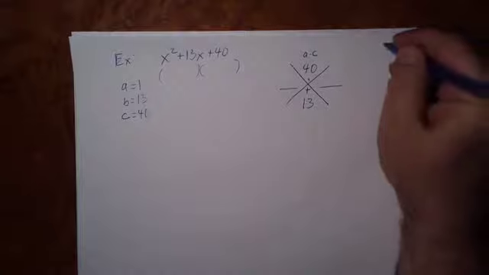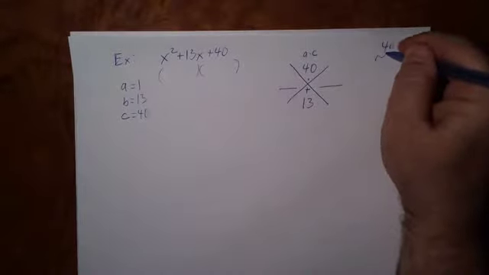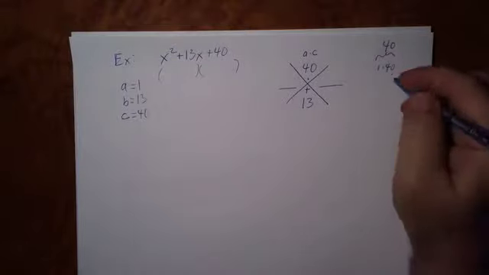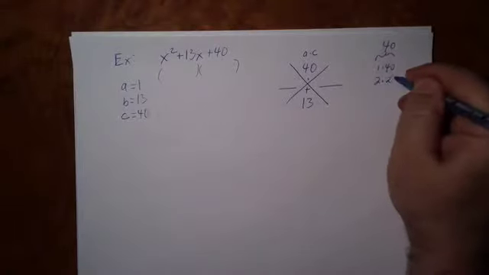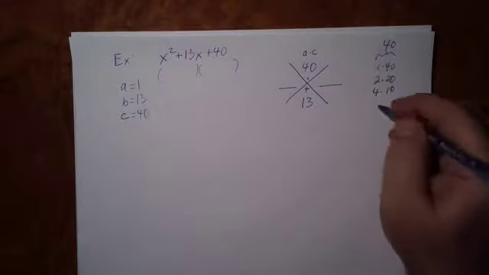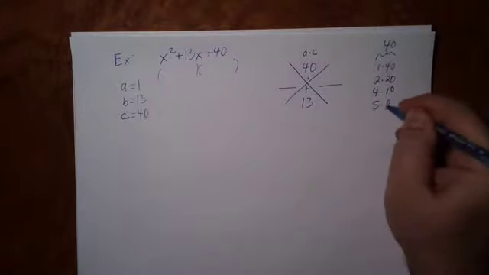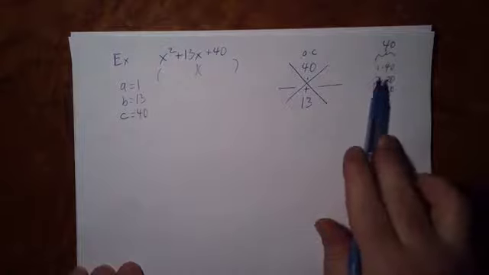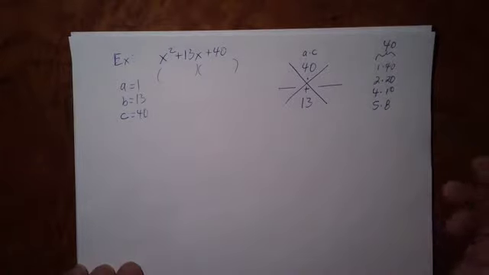So we're finding all the ways to generate multiples of 40. We're going to do that below. 1 times 40, 2 times 20, 4 times 10, and 5 times 8. Some of you may take a little more time to think about that, but this is the work that's needed. So all of these pairs of numbers are factors of 40.